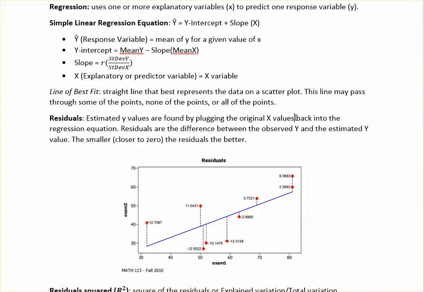You're never going to have to do this by hand, so it's not truly important that you understand every detail of that, as long as you get that the residuals are the difference between the observed y and the estimated y, and the smaller the residuals are, the closer to zero, the better. Basically, you want the observed y and the estimated y to be as close to the same as possible, which is why it'd be closer to zero.